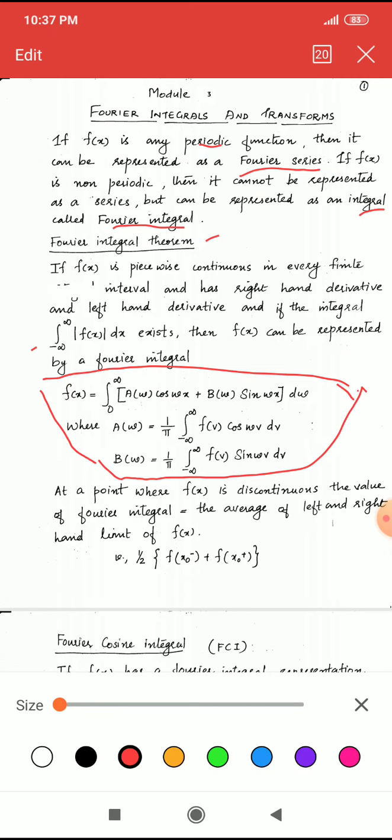So this is the Fourier integral equation. You study that.